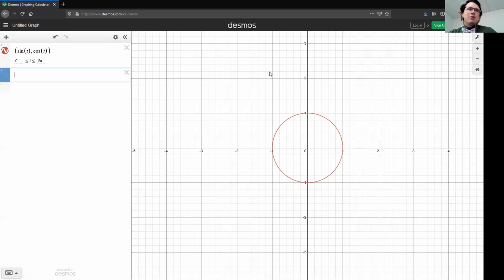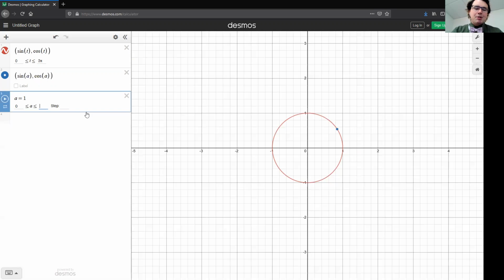Now that's not so strange to see. My x and y values are the sine and cosine functions. But I picked this formula specifically because of my moving point. So here I will put in the same formula, but I want a fixed value for my parameter. So I'm going to have a slider a, starting at 0, going up to 2 times pi. So here is my moving point in blue.